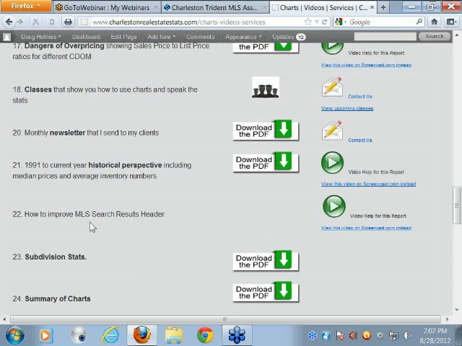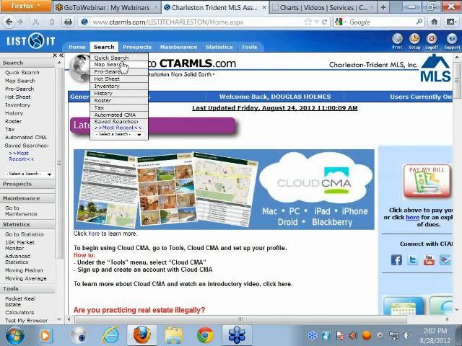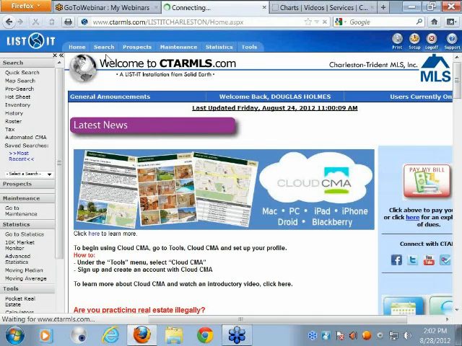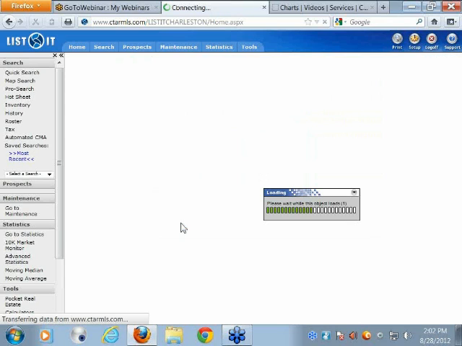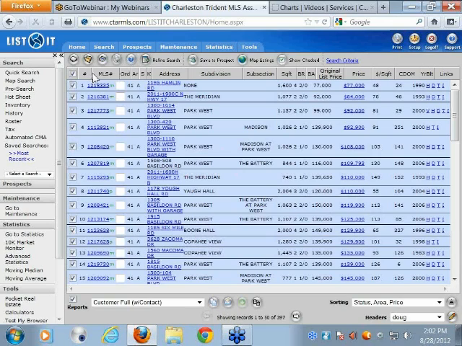How to improve your MLS search results header. When I do a search on my MLS, it's going to look a little different than yours because I've improved mine. For instance, if we do an active search in Mount Pleasant and just pull up the first 50 listings, we can see what my header looks like. My header contains things like subsection, original price, dollar per square foot, cumulative days on market.